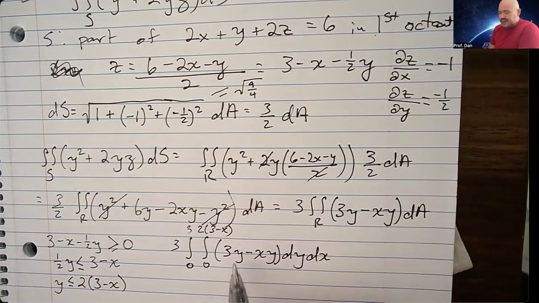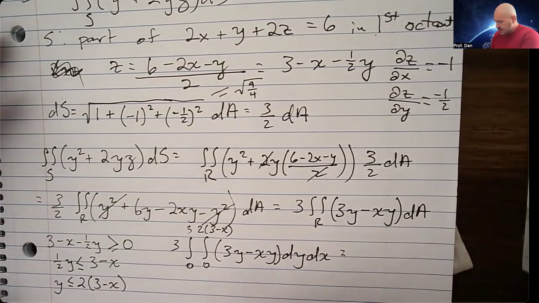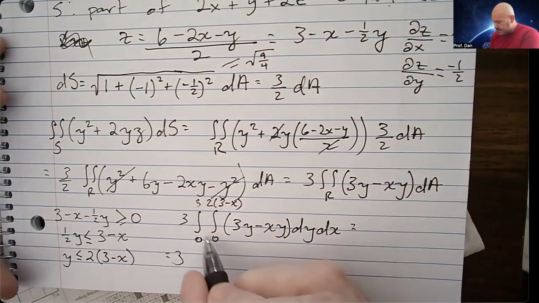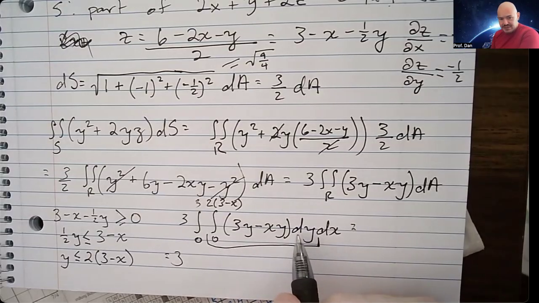All right, so now I've got an iterated integral that I can easily evaluate to find the value of my surface integral. So doing a little bit of third grade math, we're going to take the integral of this with respect to y.